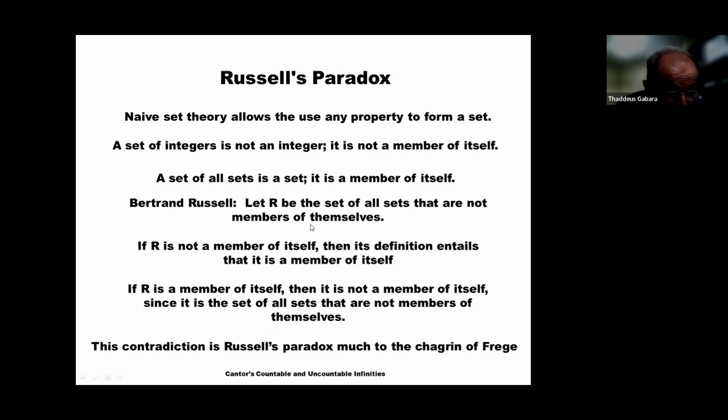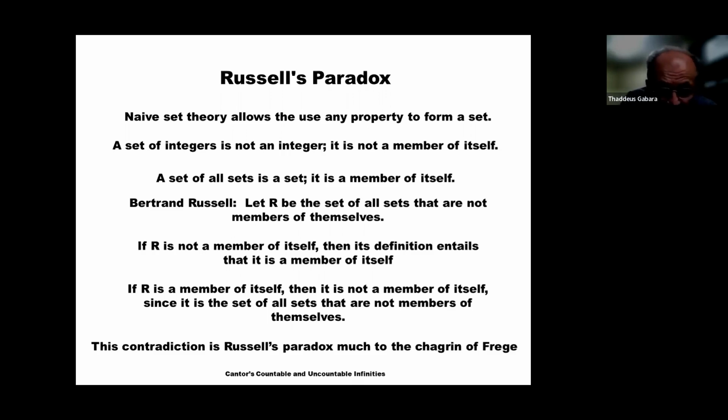Now already this starts twisting your mind because wait, there's something wrong here. There's something wrong here because if R is not a member of itself, but its definition entails that it is a member of itself, something funny there.